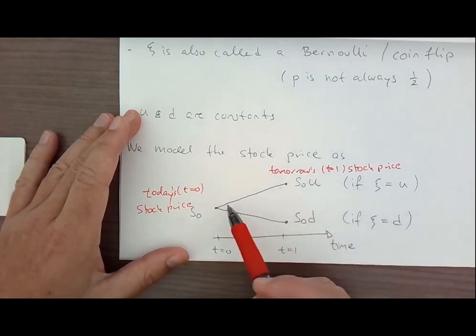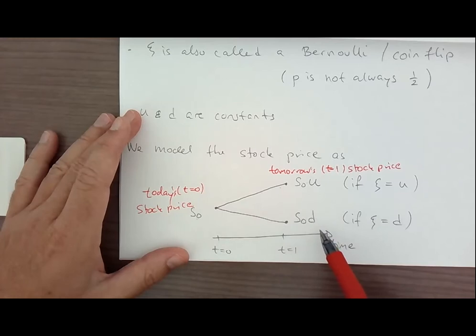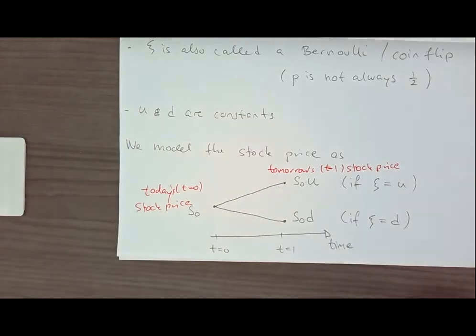Right, so u here is bigger than 1 and d in this example here is less than 1. Are there questions on this picture here?